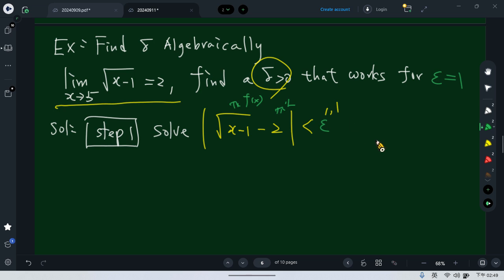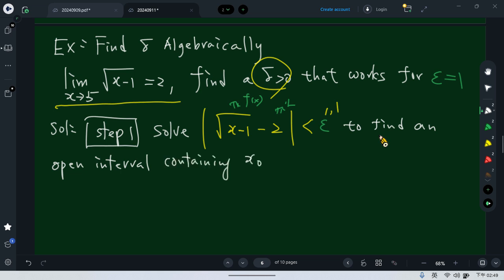On this condition, we just solve this to find an open interval containing S0. S0 here is 5, right? Okay, based on this, we can start to solve.